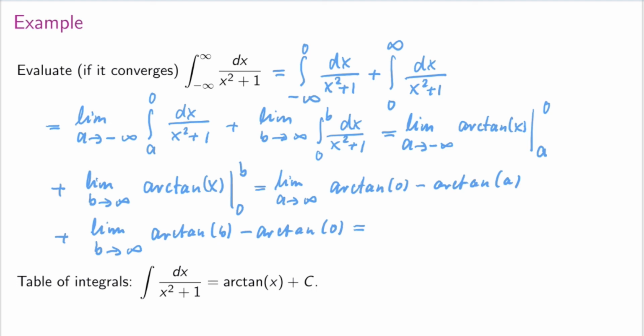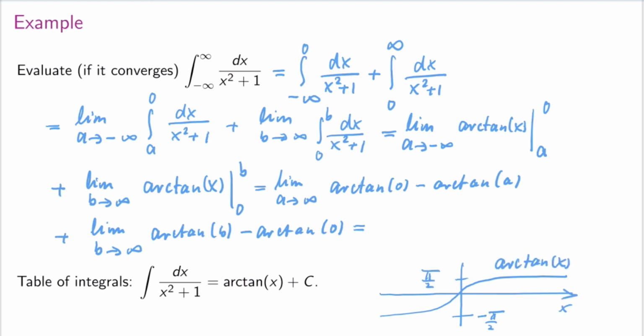And I just show you a sketch here of how arctan looks. It comes from here and goes through 0 and goes there. And these asymptotes, this one is minus pi over 2, and this asymptote is plus pi over 2. So at 0, this function is 0, so these two terms disappear.